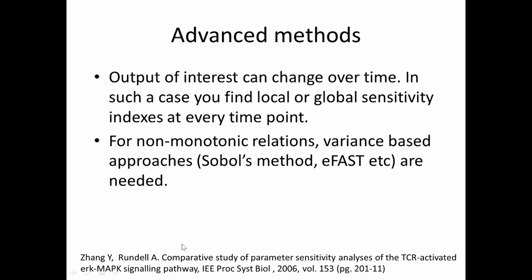And I said that the limitation of global sensitivity analysis is that it doesn't work for a non-monotonic relation between the output and the parameter. In such cases, you can use advanced methods like the variance-based methods, for example Sobol's method and the eFAST method, which is based on Fourier amplitude values to calculate the sensitivity indexes.